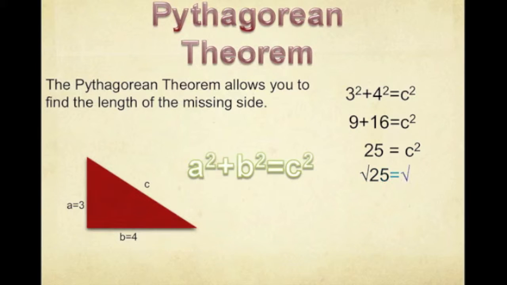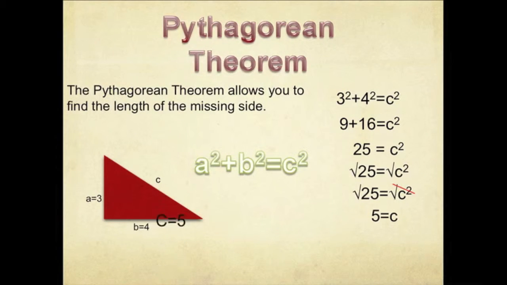To get rid of the square on the c, we can take the square root of both sides, and the square cancels out on the c, and we have the square root of 25 is 5. So c equals 5. This triangle has the measurements of 3, 4, and 5.